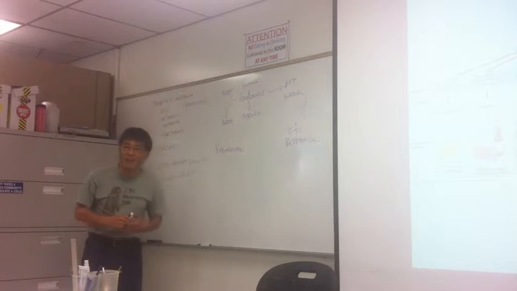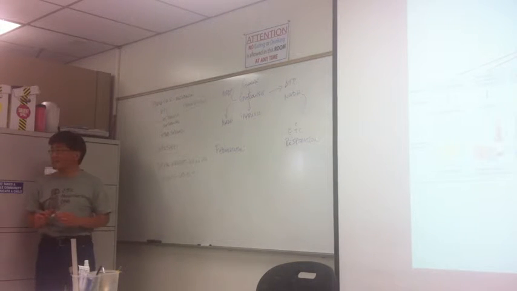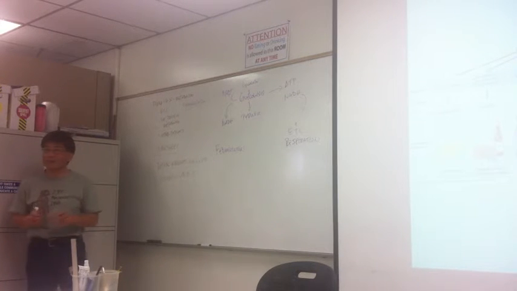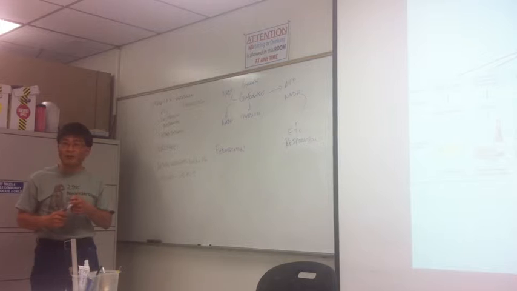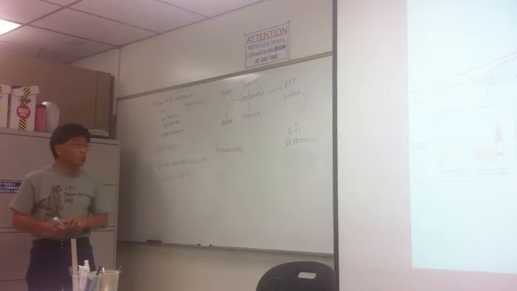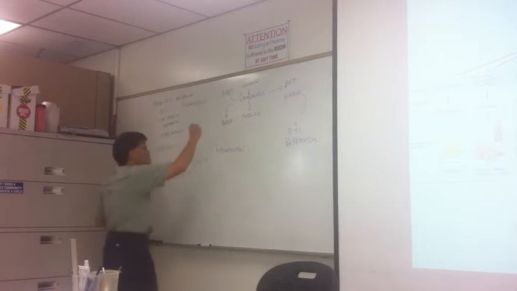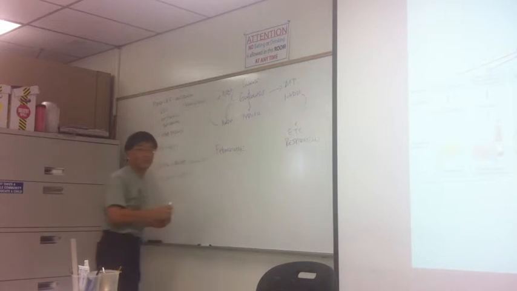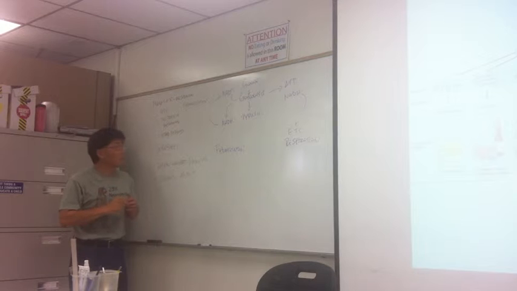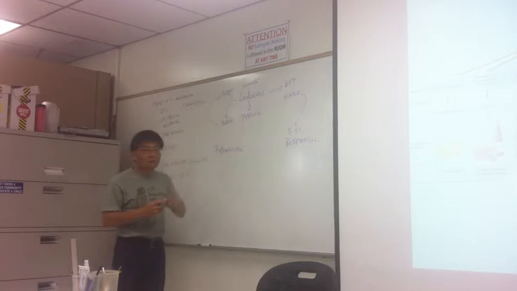And what happens in glycolysis if you don't have any NAD plus? Can you do it? No, right? So everything comes to a grinding halt. That's a problem if you're doing fermentation, because you're going to run out of NAD plus. So you get the NAD plus back from NADH. That's how you keep glycolysis going.